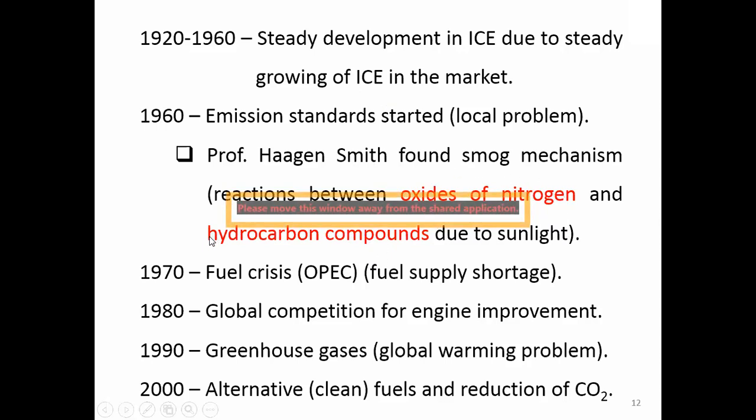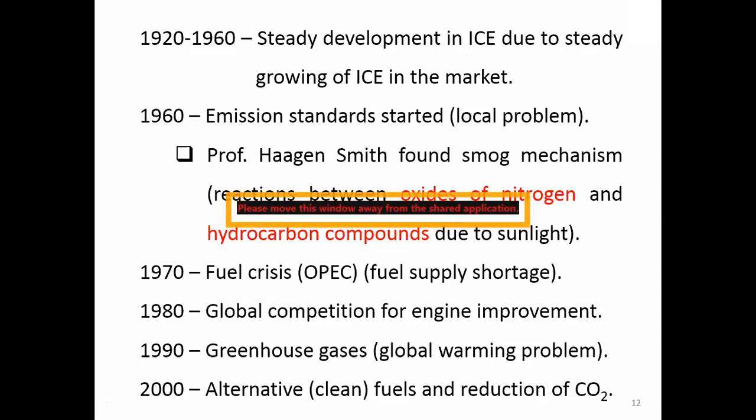And how about the hydrocarbon compounds? These are the leftover unburned fuel that comes out in the exhaust. Not 100% of the fuel that you inject into the combustion chamber will be combusted. There is a tiny amount of hydrocarbon left over from the combustion, and it falls out with the exhaust.